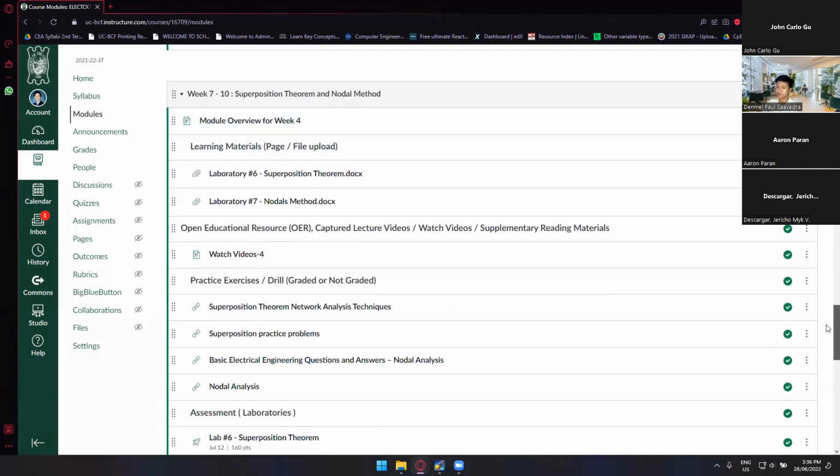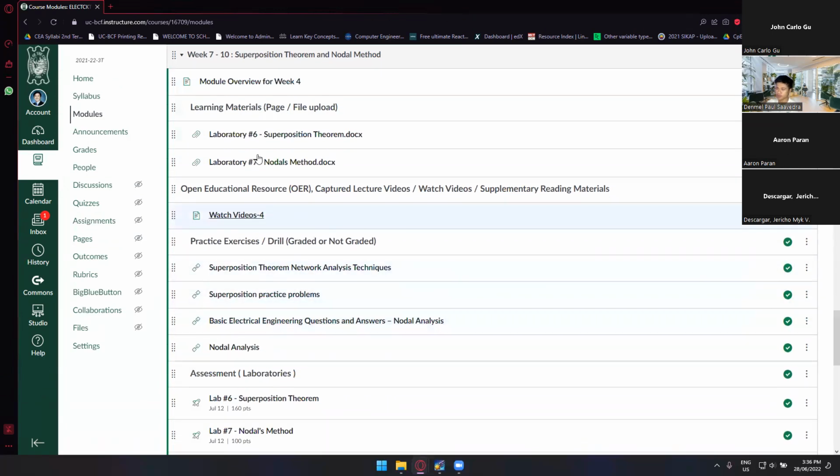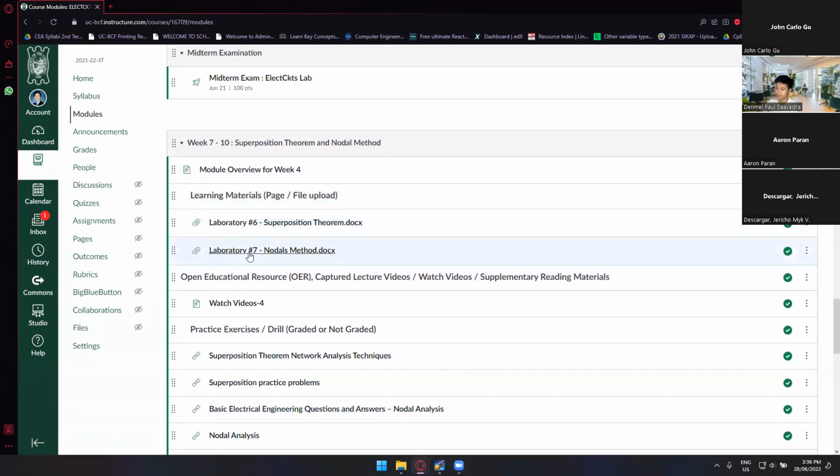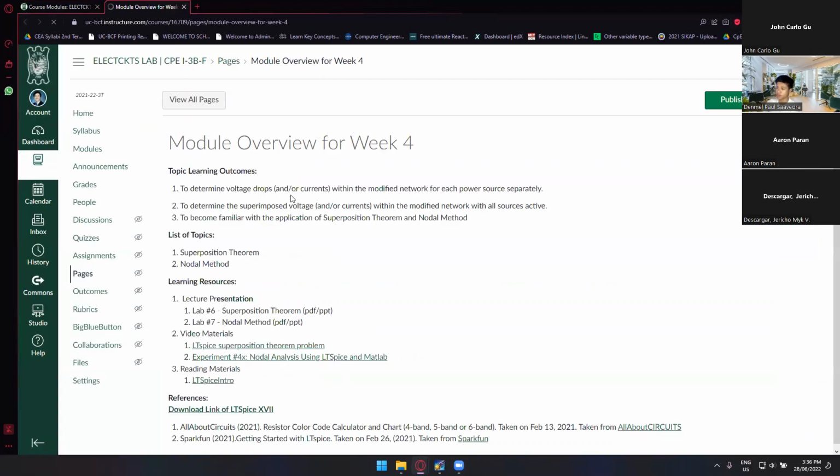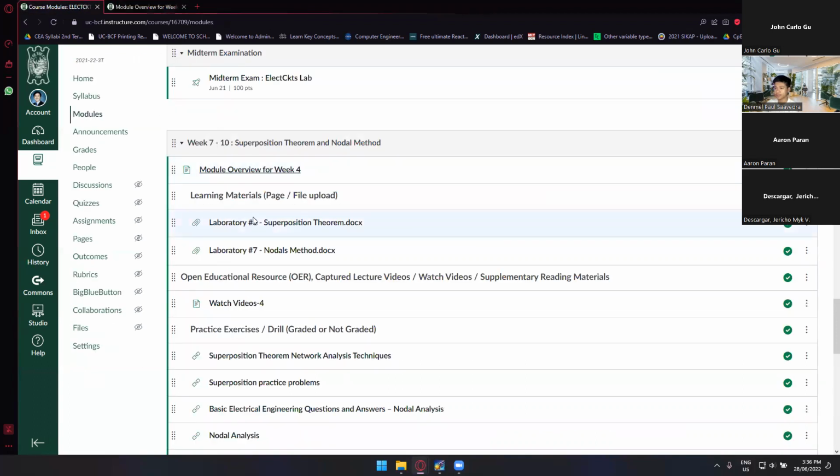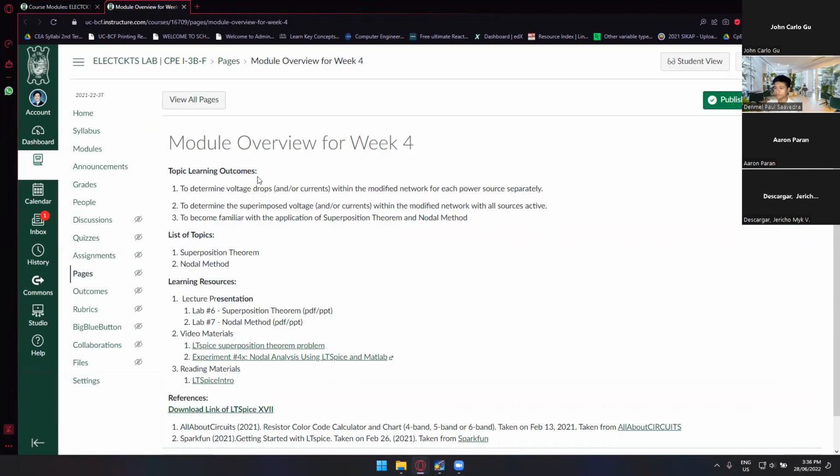But for now, we'll just focus on week 7. You have two tasks to do this time: lab number 6 and number 7. Here we have the module overview. Of course, you're going to familiarize yourselves with and recall what you learned in our lecture. Familiarize the nodal method and the superposition theorem by applying them in LTSpice.